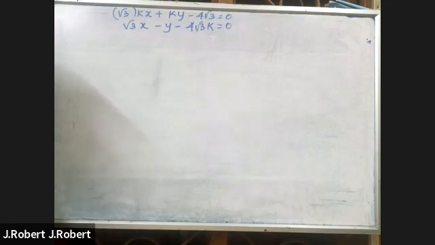Rectangular, parabolic. But it is given that the locus of the point of intersection of these two lines is a conic. Then what is the eccentricity?